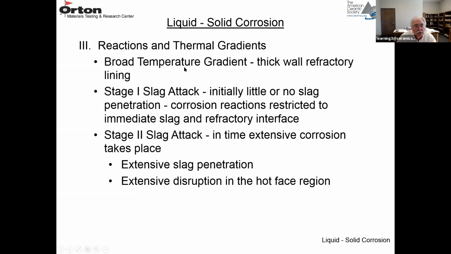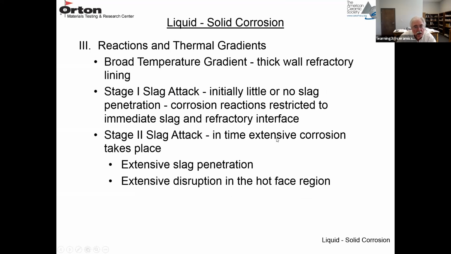So the other condition, a broad temperature gradient, would be a refractory wall that's very thick. You start out with stage 1 slag attack. You have initially little or no slag penetration, and corrosion reactions again are restricted to the slag refractory interface.